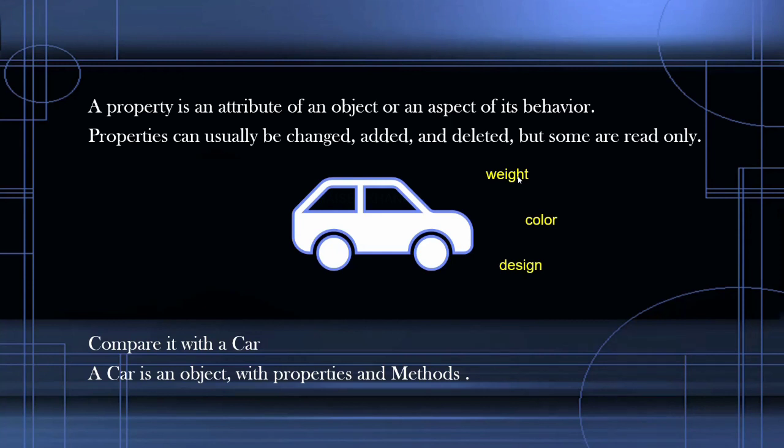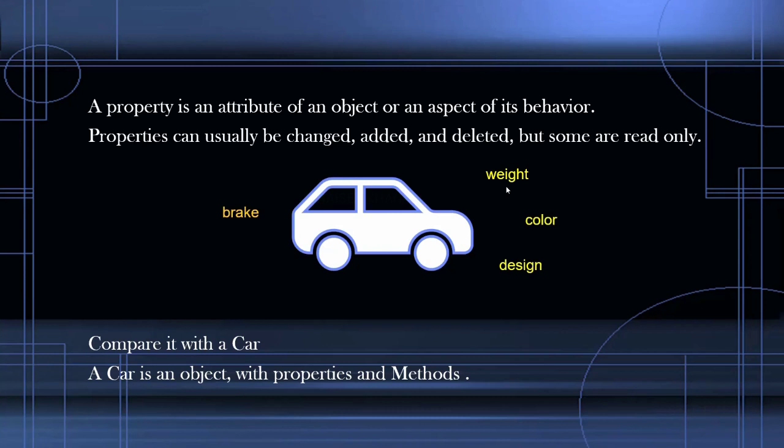These are the characteristics of the car. As for methods, for example, I have a brake, and using the brake I can stop the car.